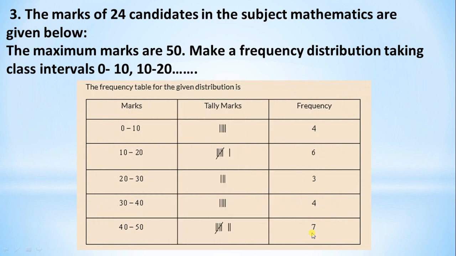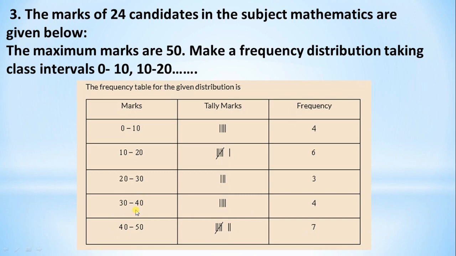Observe the table, children. In the given distribution, you can find 40 and 30. Where to mark 40 and 30? Here in this distribution, 40 is not included in the class interval 30 to 40, and it should be included in the class interval 40 to 50. That means we have to consider the lower limit and not the upper limit.